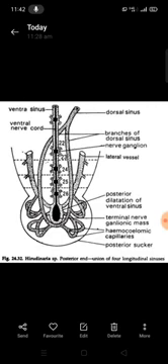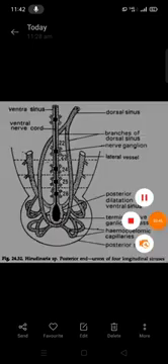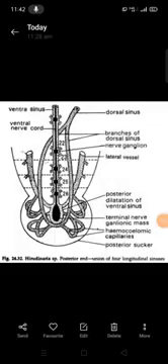And next, there is no heart. In the hemocoelomic system there is no heart, but the lateral canals serve as a heart by being contracted.